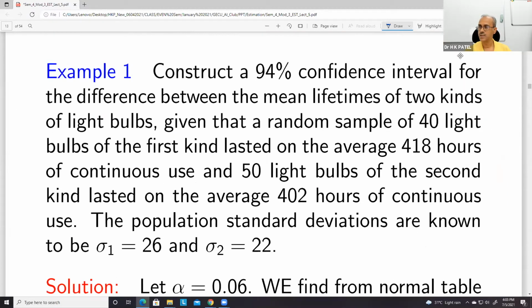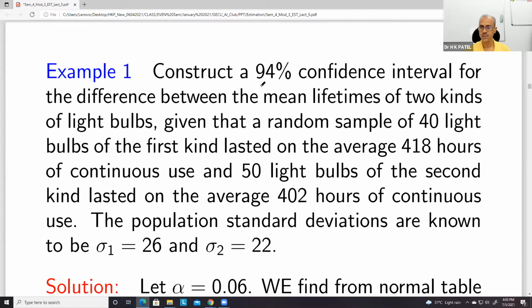It says, construct a 94% confidence interval. 94%, we have to see the value from the table. Confidence interval for the difference between the mean lifetimes of two kinds of light bulbs.